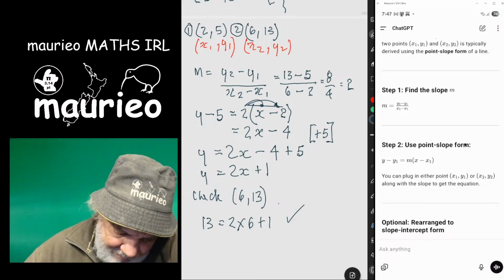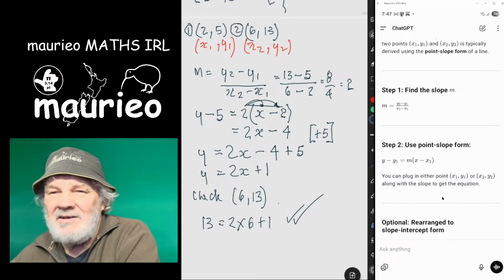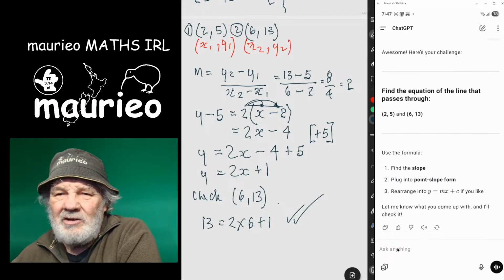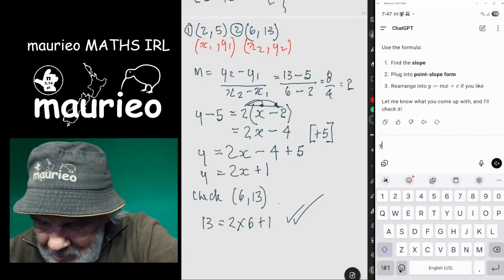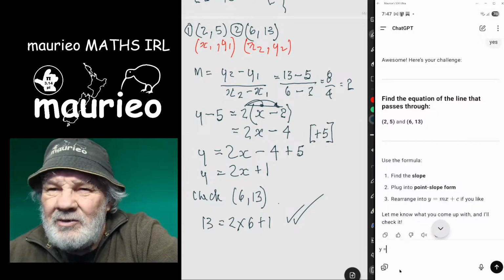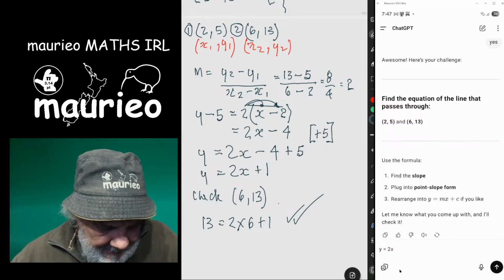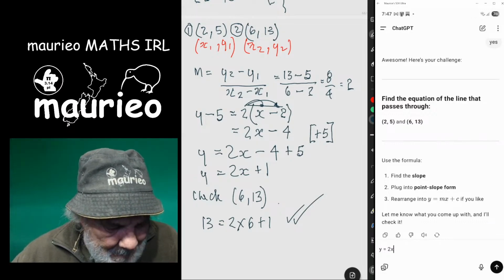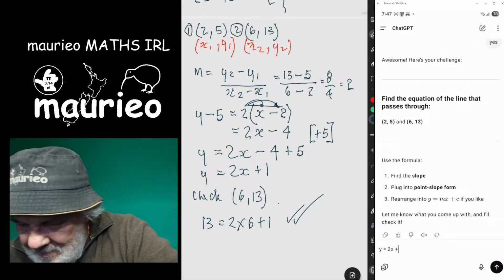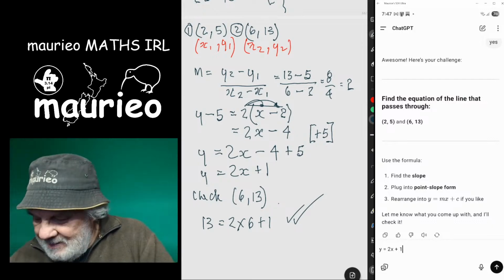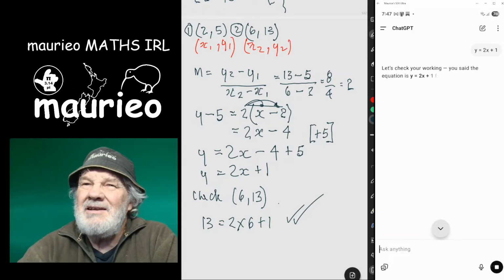So looks like it's all pretty good. Right, so let's see what we got. Oh, let's check. y equals 2x plus 1, and that's my answer.